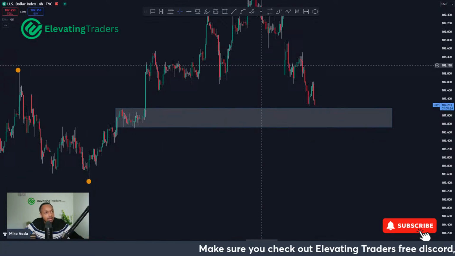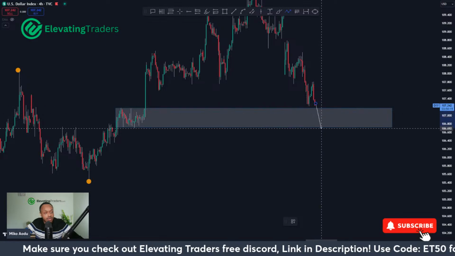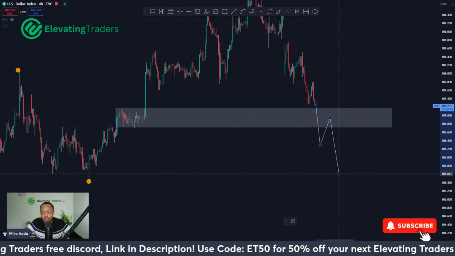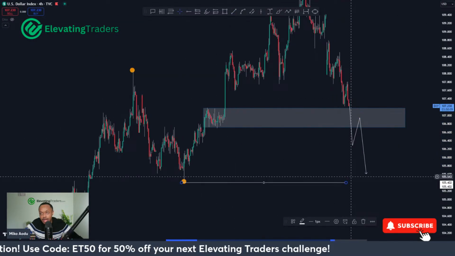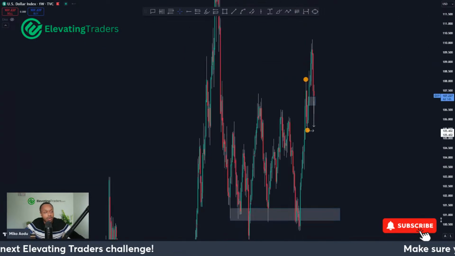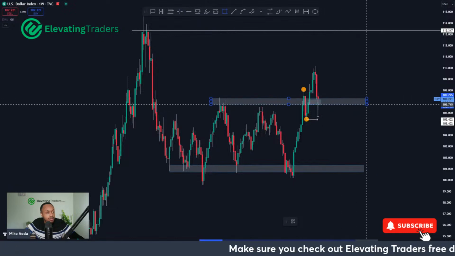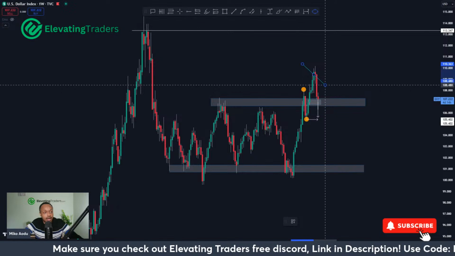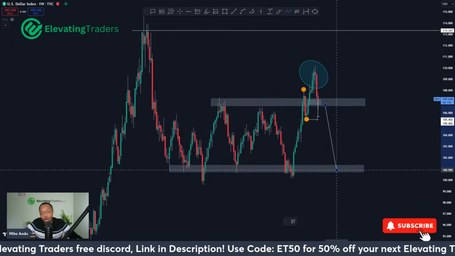Of course, if that doesn't hold as support and we don't see any kind of buying pressure step in, if we do start breaking through, I'm not necessarily bearish on the dollar, but I will be looking to relax that bullish bias. And if the dollar keeps falling and takes out this low, then I'll be very bearish on the dollar, expecting a lot more downside, because at that point, it's probably also breaking underneath this level on the weekly chart, which is a strong indication that this move that we had at the start of the year is probably just a fake out, and we could be looking at a really big swing back to the lower end of the range.